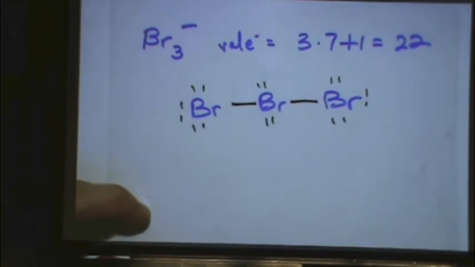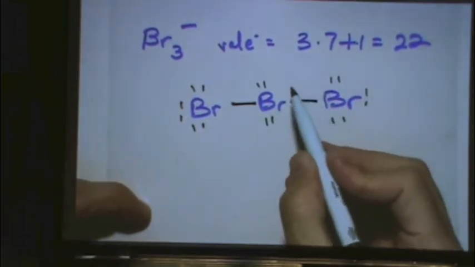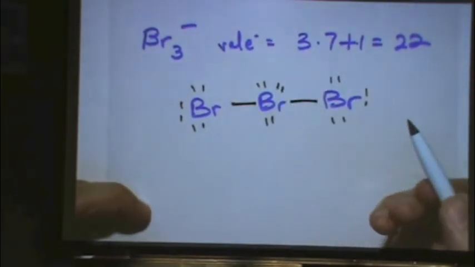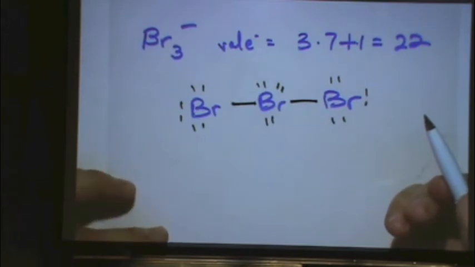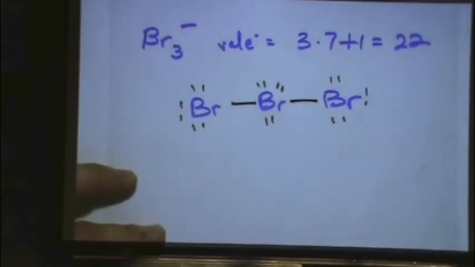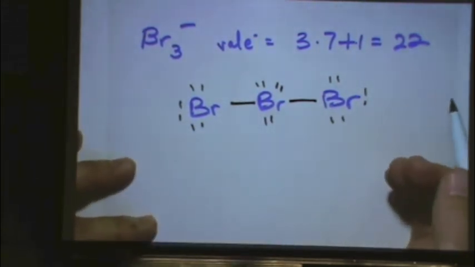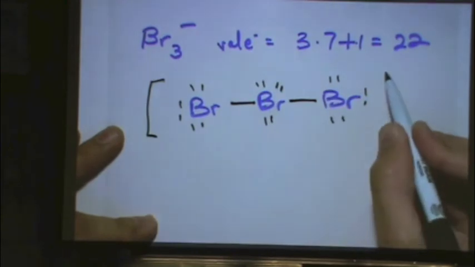I'm going to exceed the octet on first any element below the carbon row, which all 3 bromines fulfill, and my first pick is always the centermost atom, or a center atom. So any center atom, I would exceed the octet on first before the outermost terminal atom. Okay, and then you put brackets.